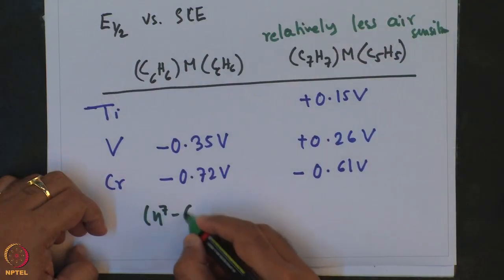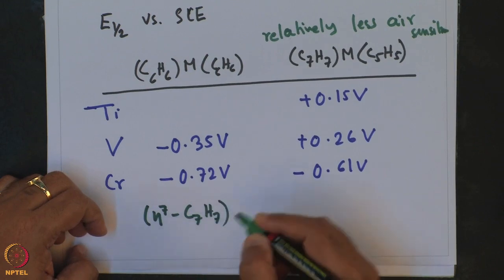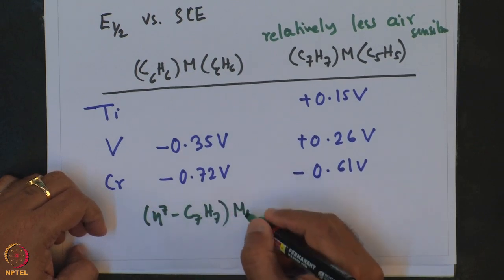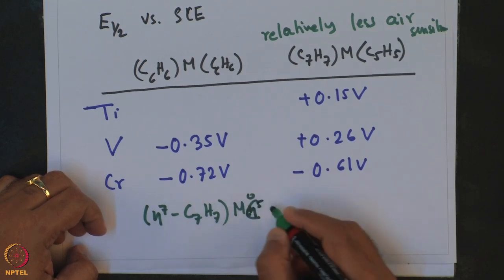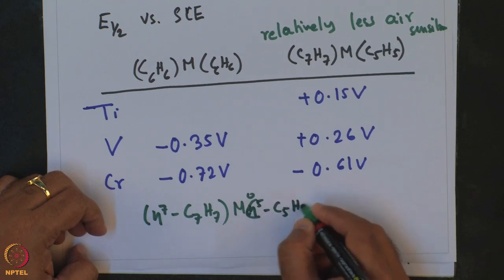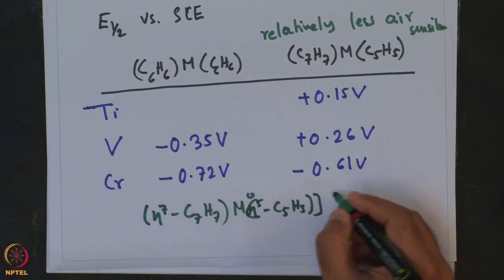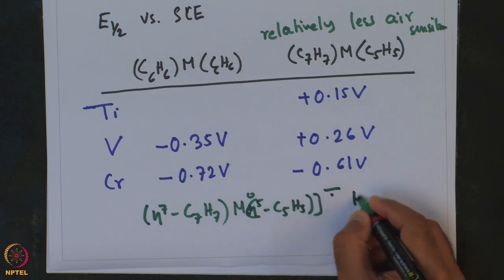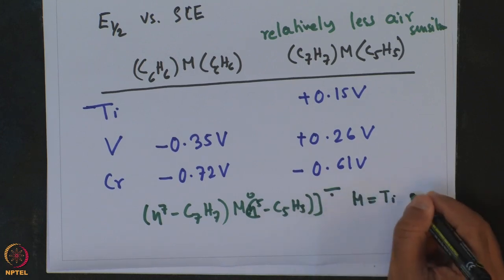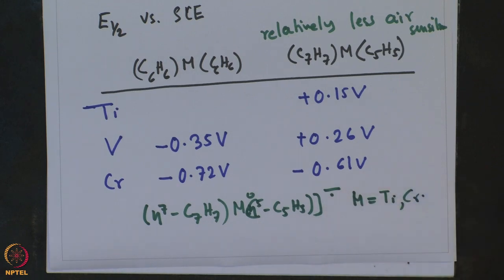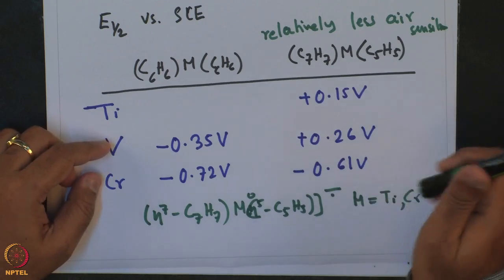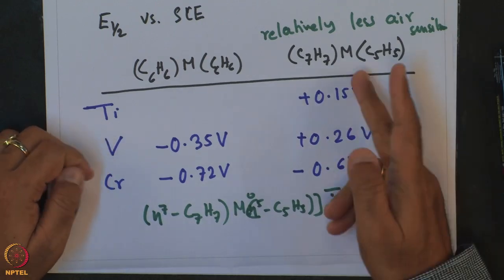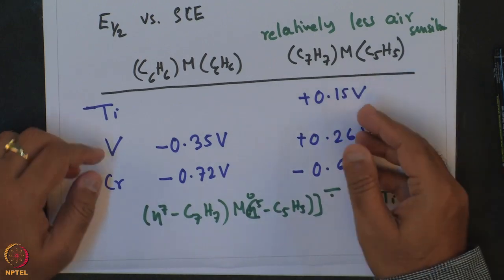For example, for this complex eta 7 C7H7 M eta 5 C5H5, the radical anion has been observed for M equals titanium and chromium. So, these complexes can further be reduced to the radical anion because their zero neutral state is quite stable.